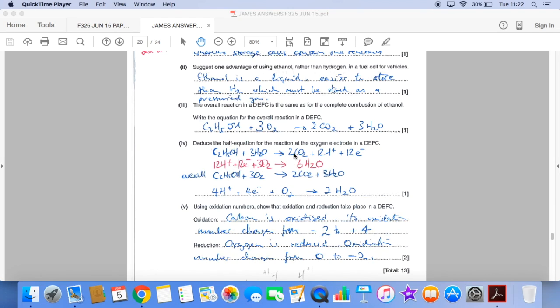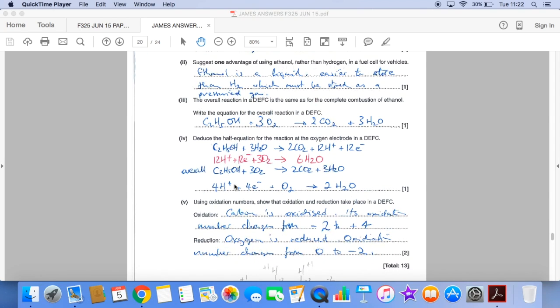We've got 2 carbon dioxide, so that's fine. We've done the waters. Right, so we need these H+ ions and electrons to disappear because they're not in the overall equation, so they need to go in as reactants on the left there. And then obviously that can be cancelled down further, so they would be expecting you to do that. So everything's divisible by 3, so there is the final answer.